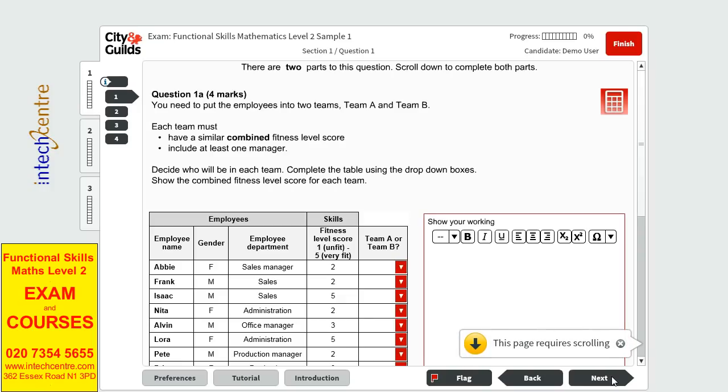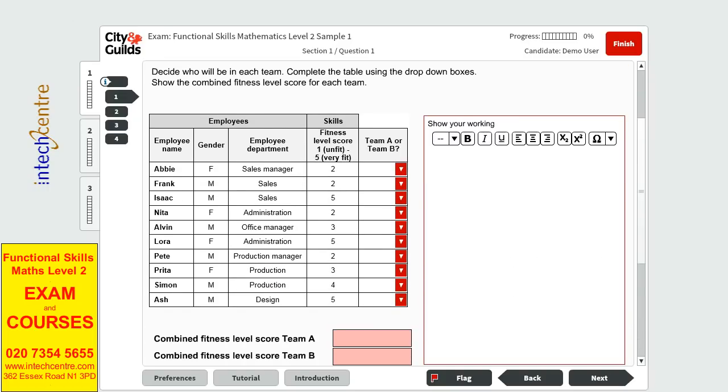First question, it's 4 marks, and we need to put the employees into 2 teams, Team A and Team B. Each team must have a similar combined fitness level score and include at least 1 manager. So you could start by making sure that each team has a manager.